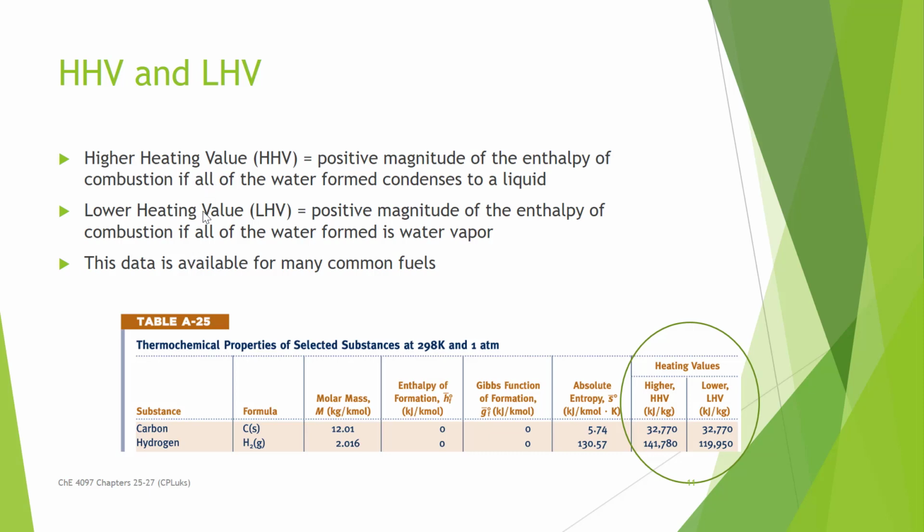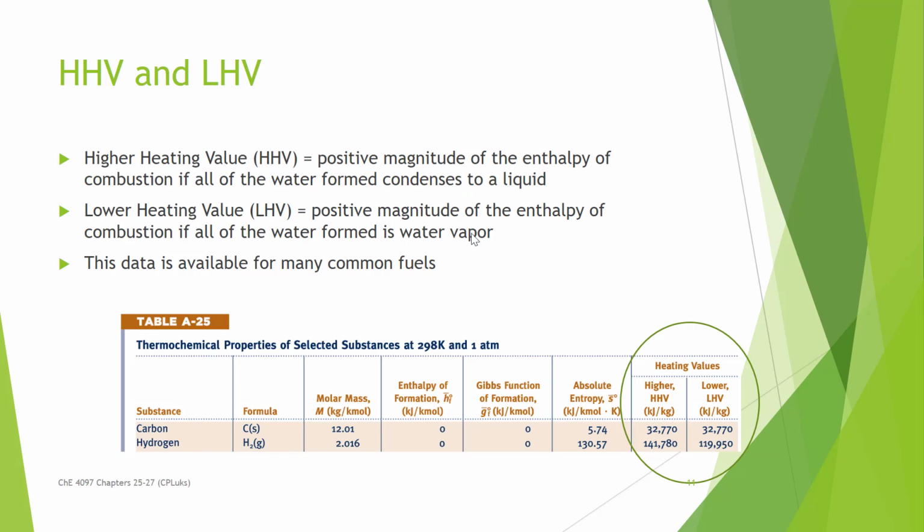Now, a lot of times for common fuels, you can look up the higher heating value and lower heating value. A higher heating value is the enthalpy of combustion when all of the water forms a liquid. So water is formed in a combustion reaction. If it is a liquid, then you have the higher heating value.